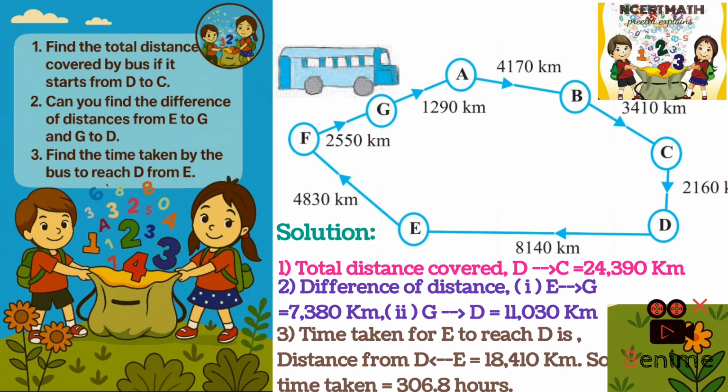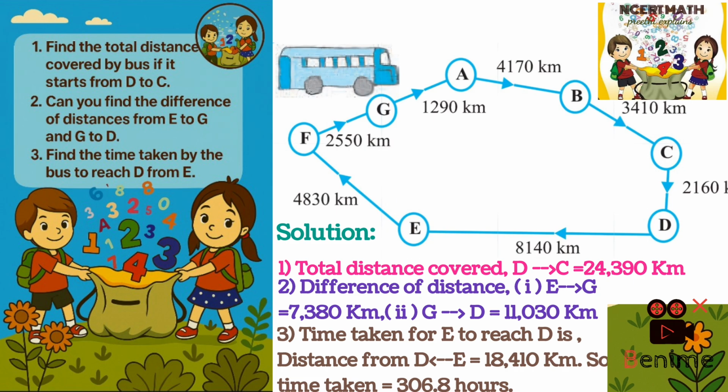Otherwise, we add the distances from E to F, F to G, G to A, A to B, B to C, C to D. Both answers will be the same, 18,410.